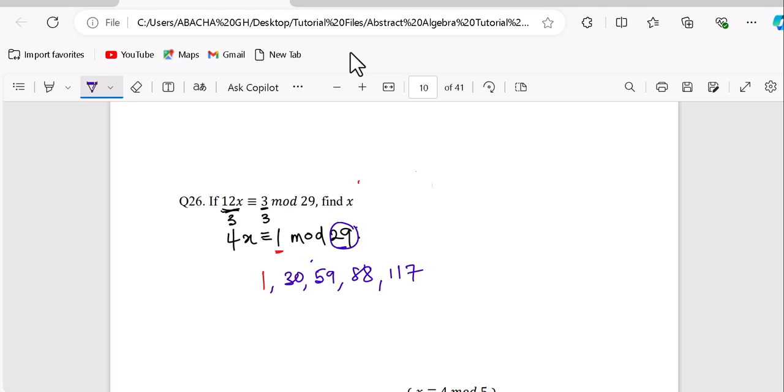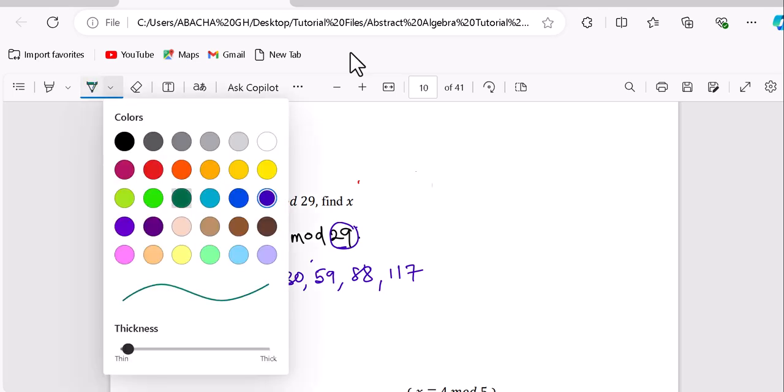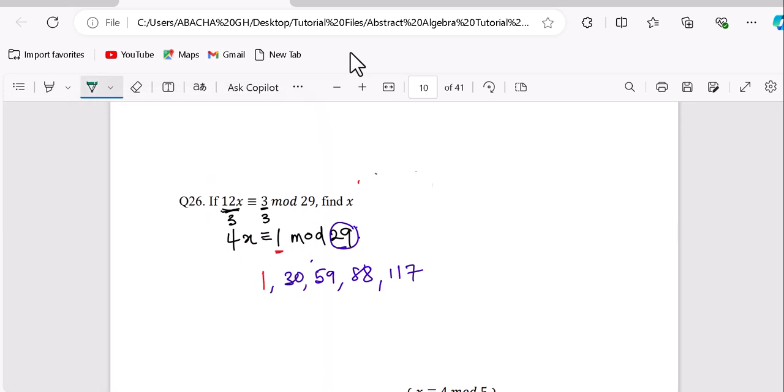Now on the left hand side, we'll continue to subtract. So I'm subtracting 29 from 1, so I'll get negative 28. I'll subtract again, minus 29, getting negative 57, negative 86, in that order.